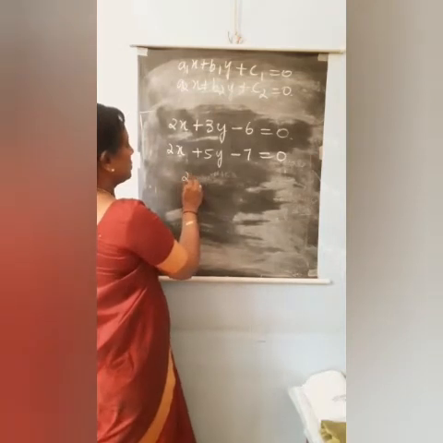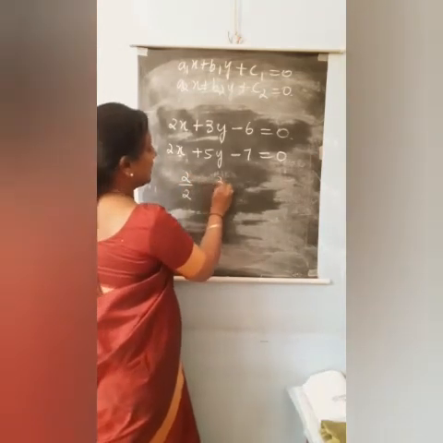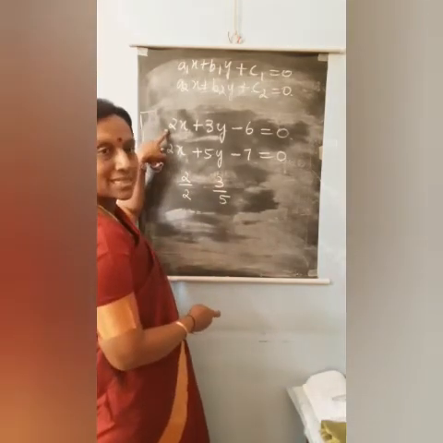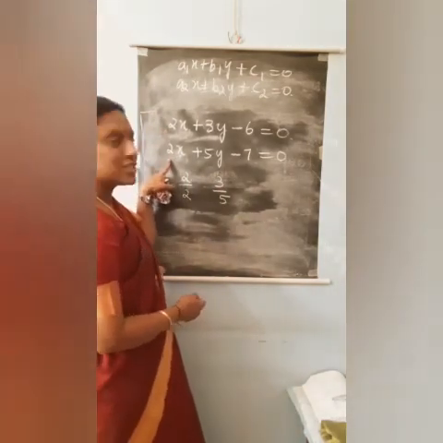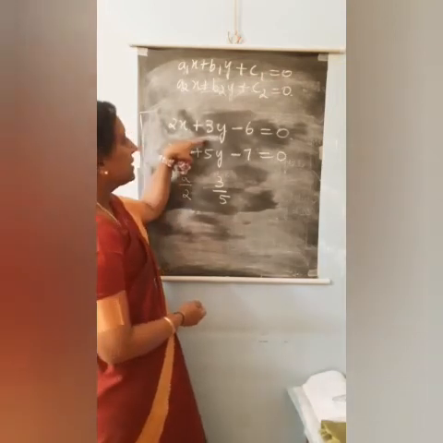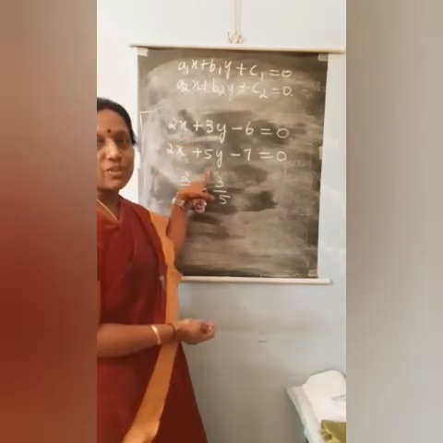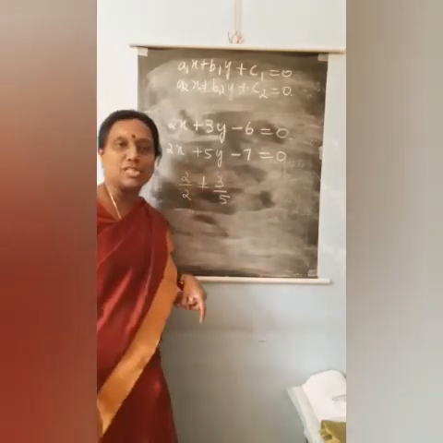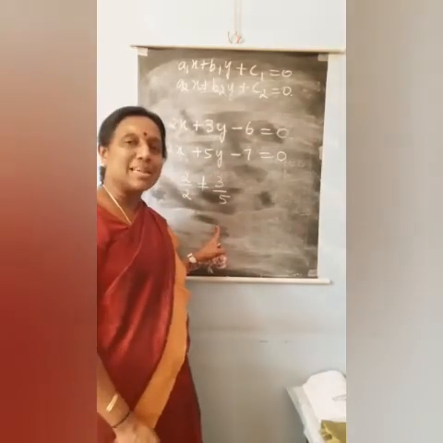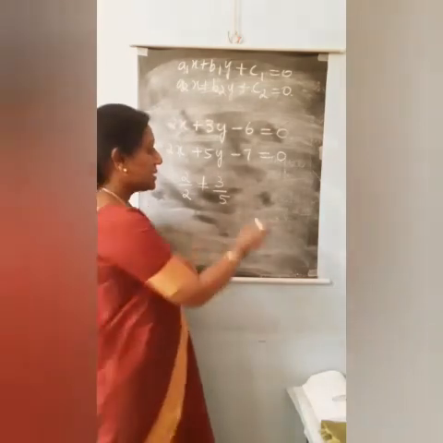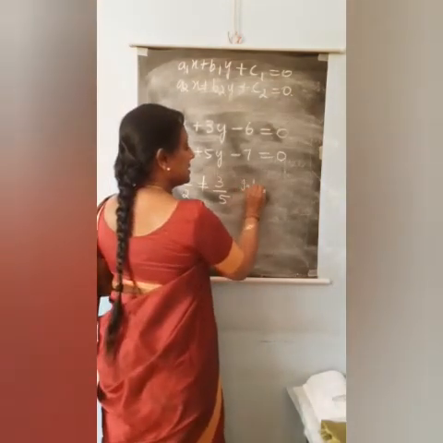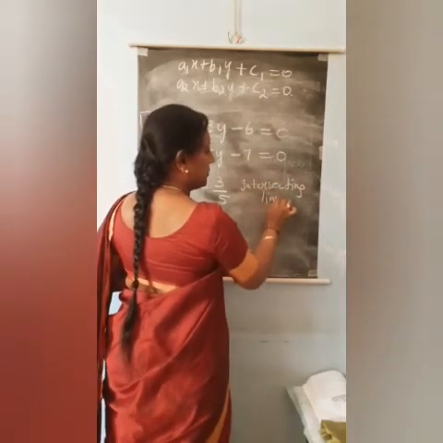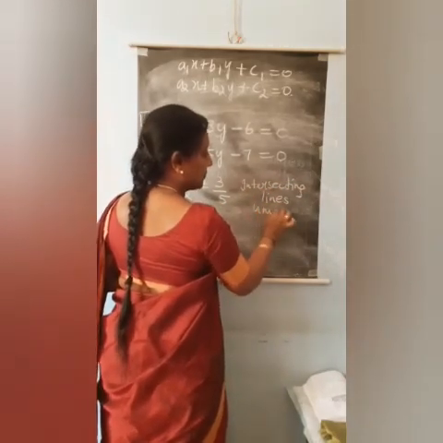I will get 2 by 2 and here I'll get 3 by 5. I have taken the coefficient of x and the coefficient of x in the second equation and the coefficient of y and the coefficient of y in this equation, and I find that they are not equal. So what type of lines will they represent? They will represent intersecting lines and they will have a unique solution.